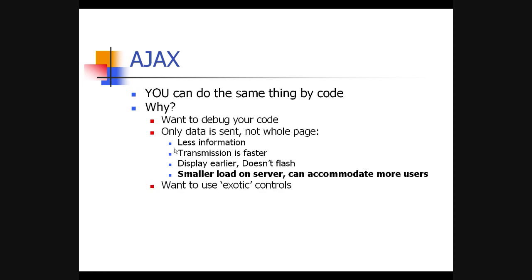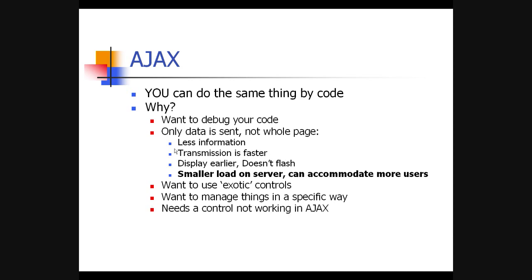Another case where you would want to use Ajax is when you want to use some exotic controls. What do I call exotic controls? Well, it's when you want to manage things in a specific way, or you need a control that is not working in Ajax yet, at least, because remember, they are making progress all the time, and with each version that's coming out from PCSoft workshop, we have more and more things working in Ajax natively.